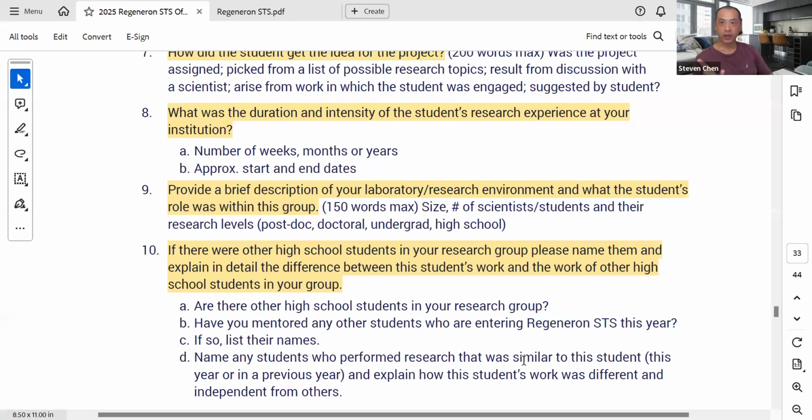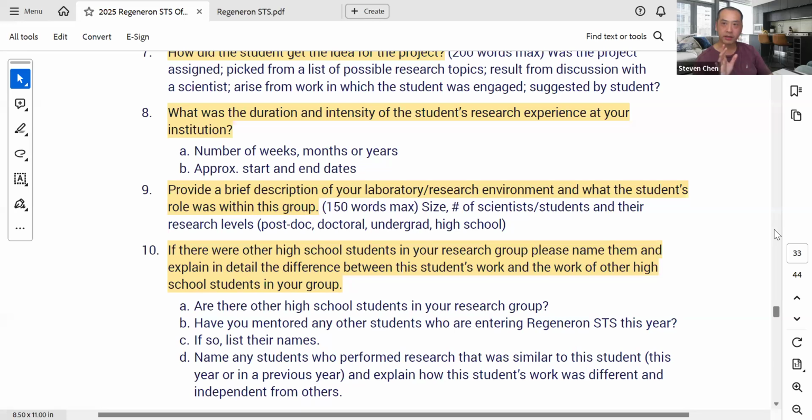Okay. So this is the following thing. Those high school students who work with the same mentor in the same lab, in particular those in the same grade as you, who may also consider applying to STS, are essentially your direct competitors.